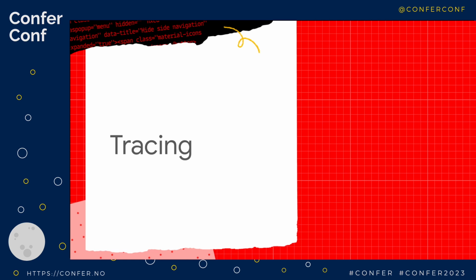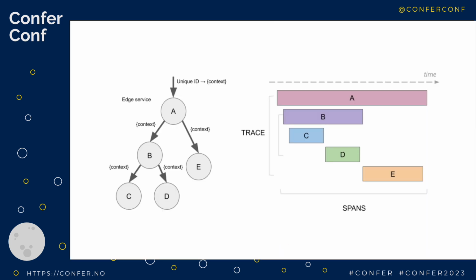So the thing is that with tracing, when we have a request, we try to have a representation of the story of that request across our system. In this case, we have some services, and we have a request here.